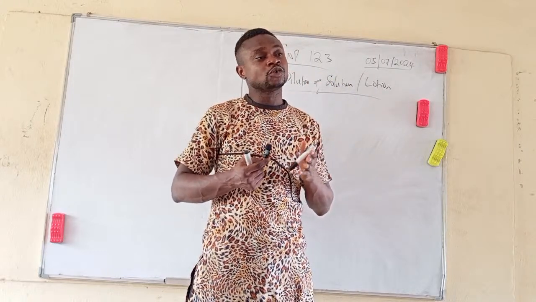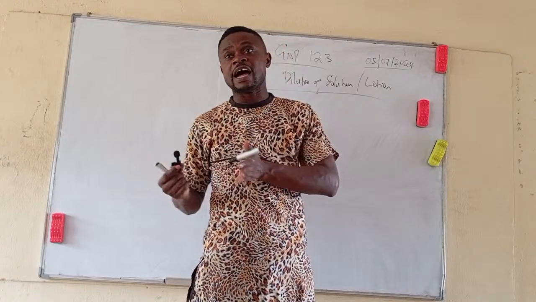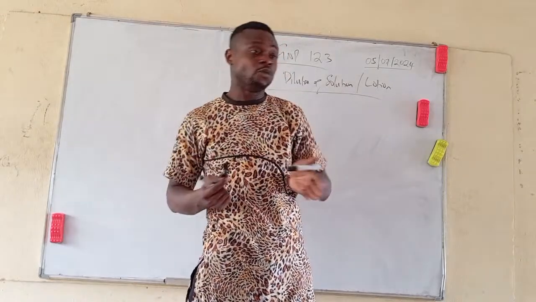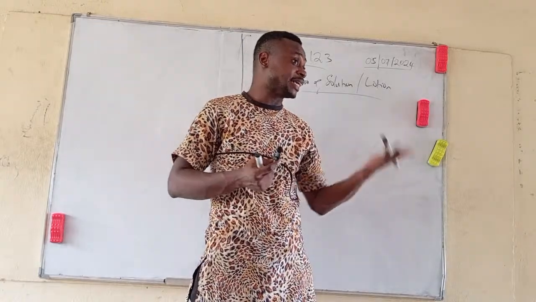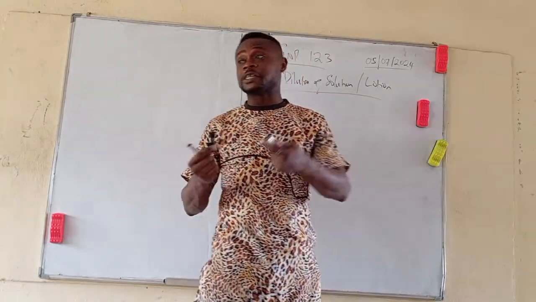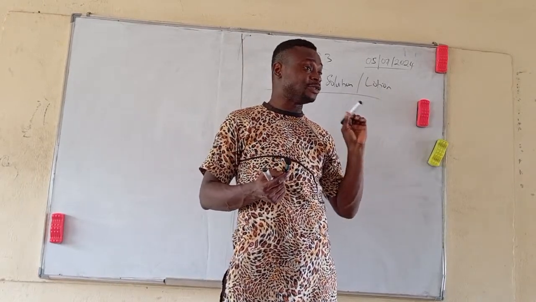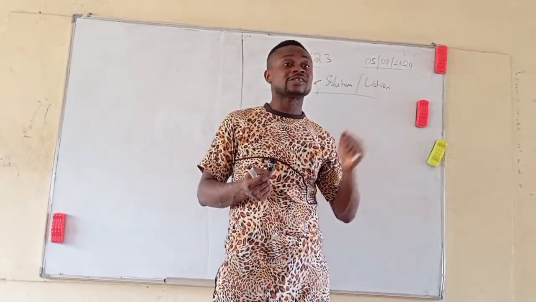You are told to produce another volume of another concentration, which you will use as a disinfectant. How do you prepare such? This is what you encounter in dilution. It's only through dilution that you can achieve that.